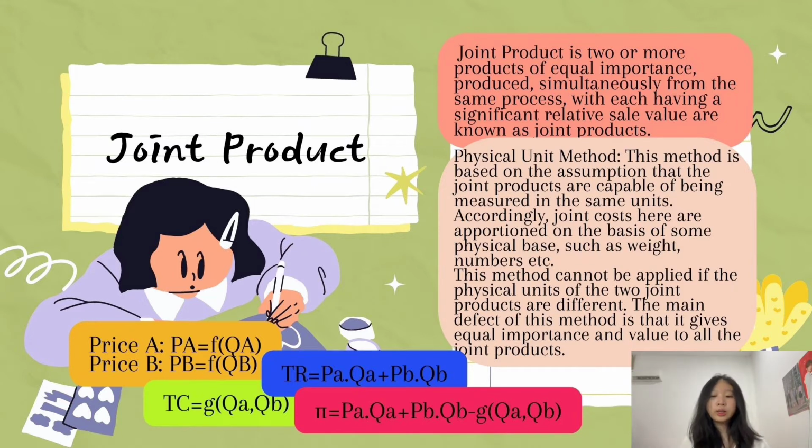And for the last one, the purpose of the producers here is to find out what level of output must be produced so that the profit is maximized, where the equation is P equals PA times QA plus PB times QB minus G open bracket QA and QB close bracket.